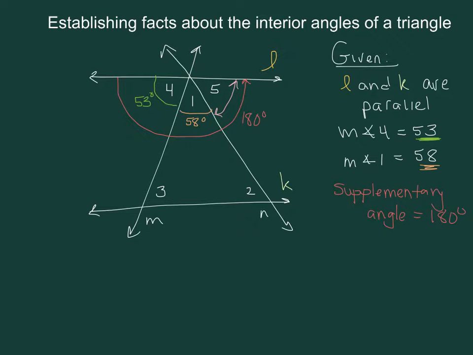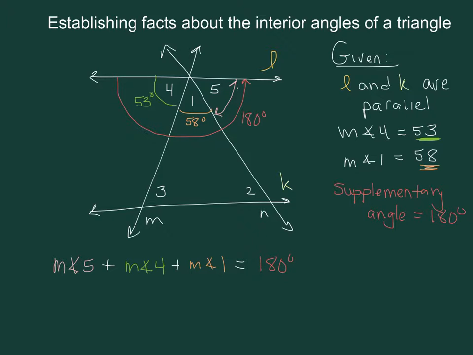So what we're going to do is take the measure of angle 5, which is what we're looking for, and add to that the measure of angle 4 plus the measure of angle 1, and that is going to equal 180 degrees because it's a supplementary angle.